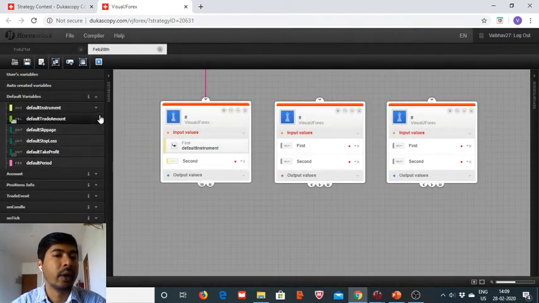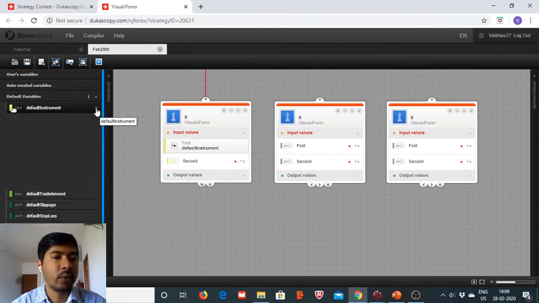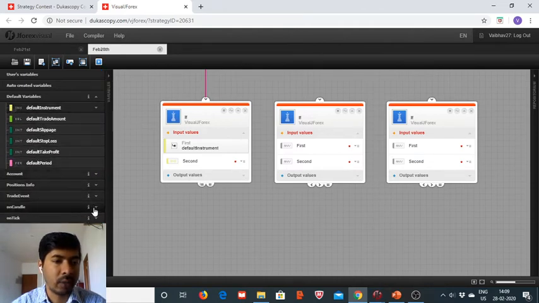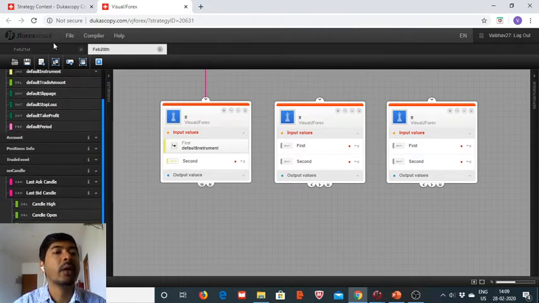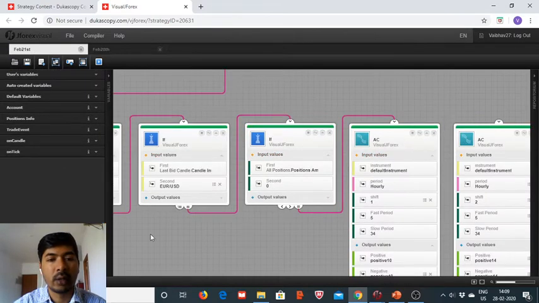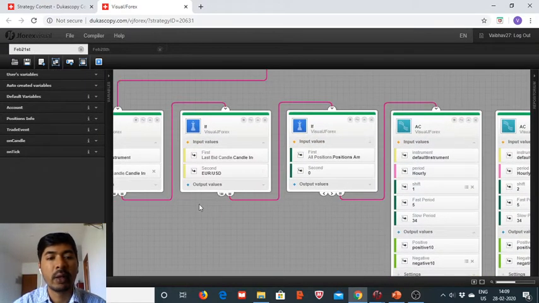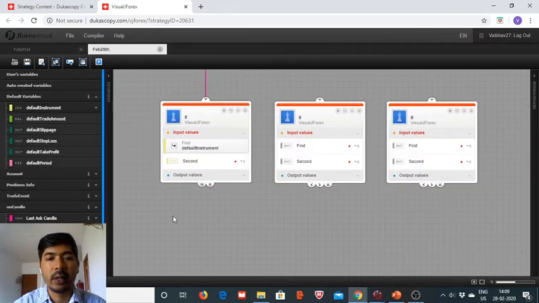And now to do the candle subscription, we see on candle, and let me see how we had done it last time. Last bit candle instrument. Okay.